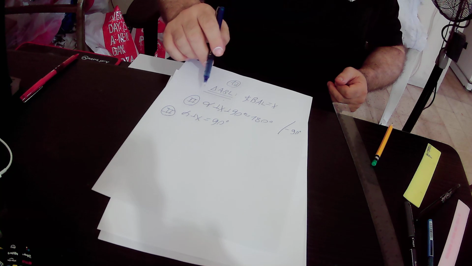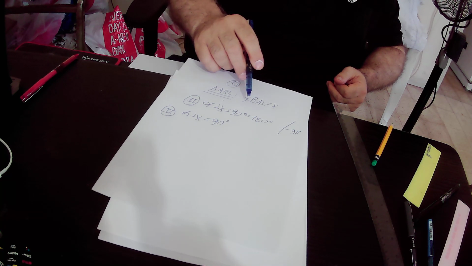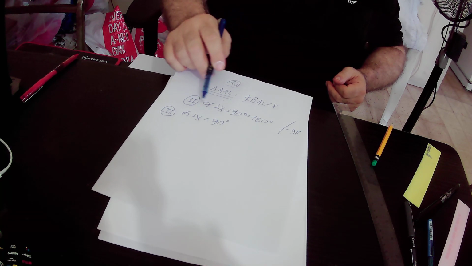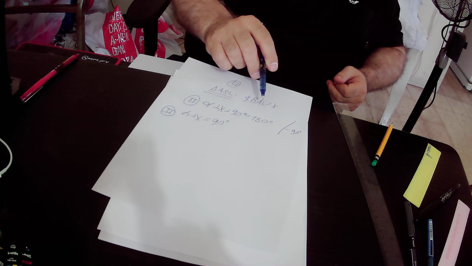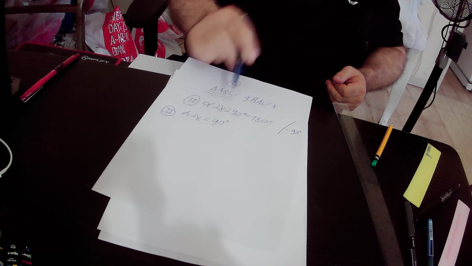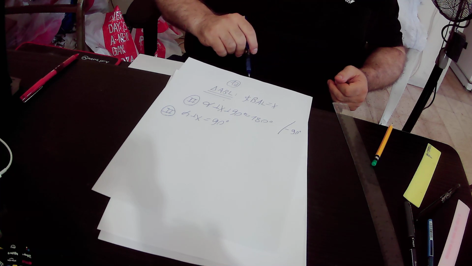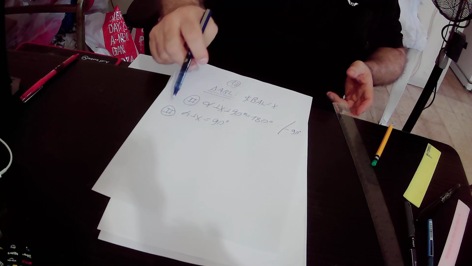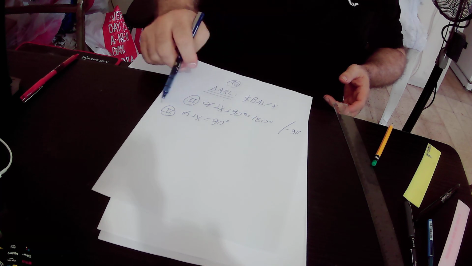We got that alpha plus x plus 90 degrees minus 90 degrees equals alpha plus x, and 180 degrees minus 90 degrees equals 90 degrees. In the next step, we'll subtract alpha from equation number 2.